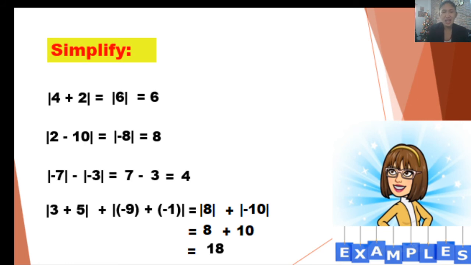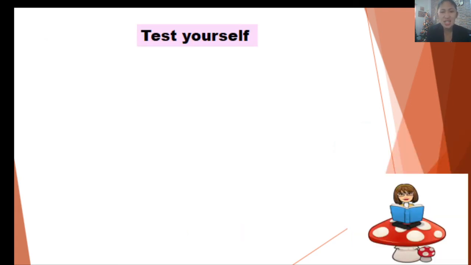I know that you have followed our lesson well. Let's try this. Test yourself if you do understand. Let's have the absolute value of 3. What is the absolute value of 3? Is it 3 or negative 3?